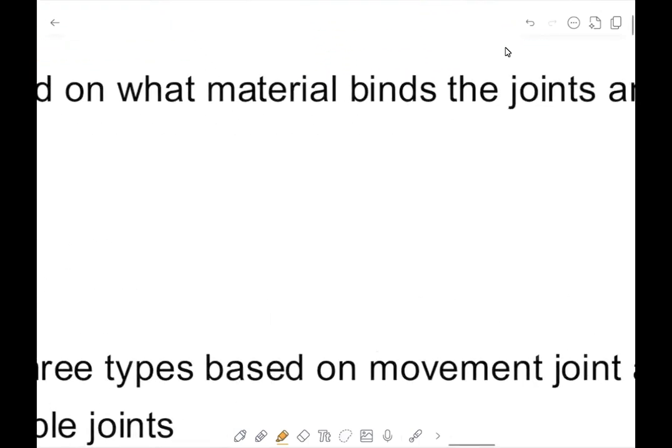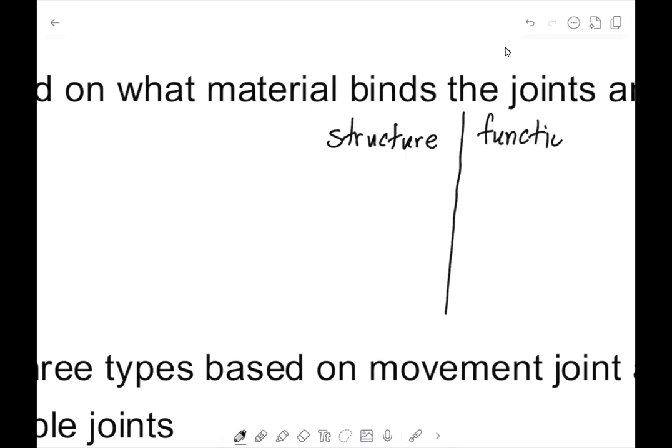I'm going to zoom in a little better so it's a little more clear. We're going to make a column for structure, and then a column for function. The large majority of the time, the structure is going to correspond with the function.